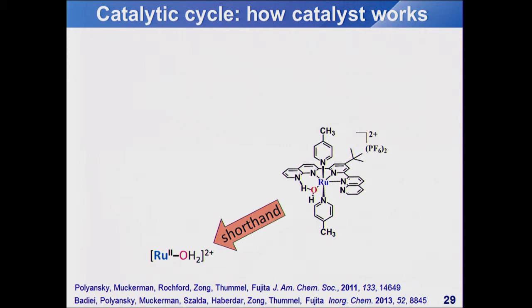So I will not be using the whole structure of these catalysts, but I'll use a shorthand, which has only a ruthenium center. It shows the oxidation state, so there's a charge on the metal, and it's 2 plus. It shows the water molecule and the overall charge, which is also 2 plus, and that's our beginning.